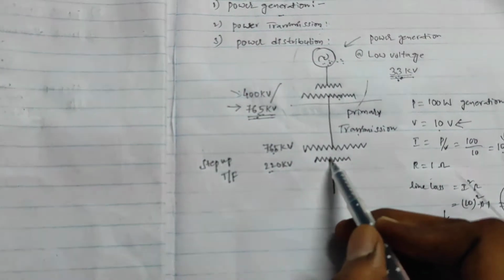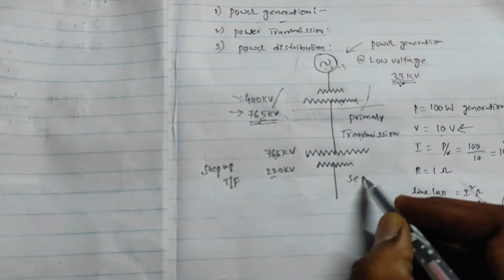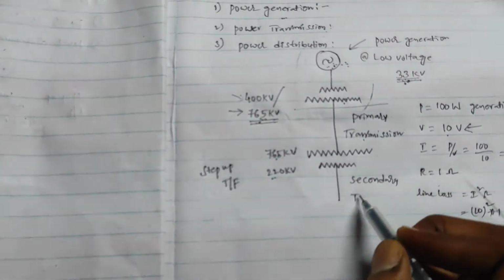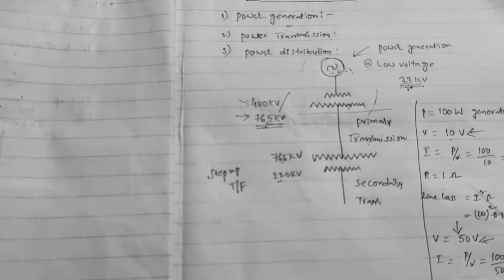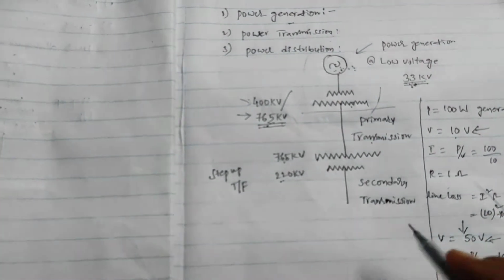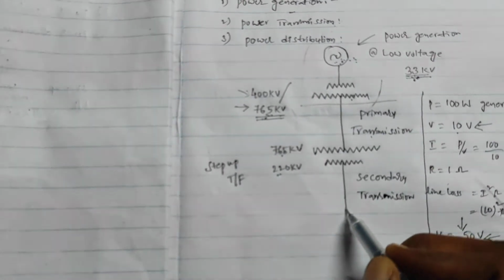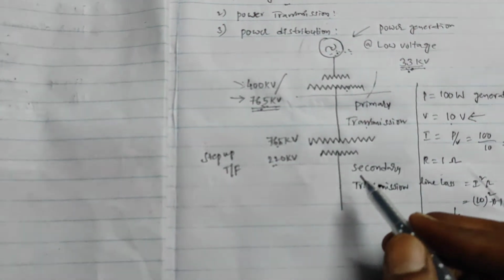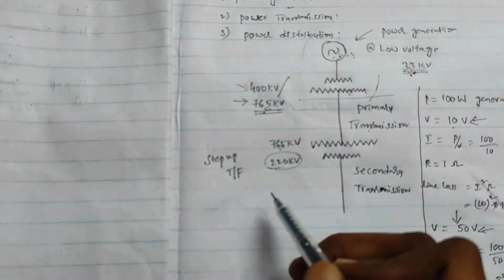And from this point the secondary transmission starts. This is secondary transmission. And few industries will take power at this voltage, at 220 kV.